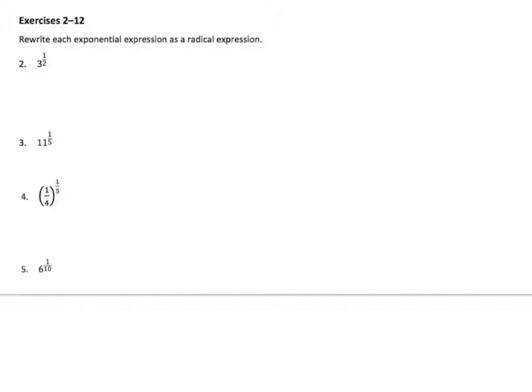Let's try some more exercises. Rewrite each exponential expression as a radical expression. So 3 to the 1/2 is the same as the square root of 3. 5th root of 11. Ooh, this one's sort of fun.